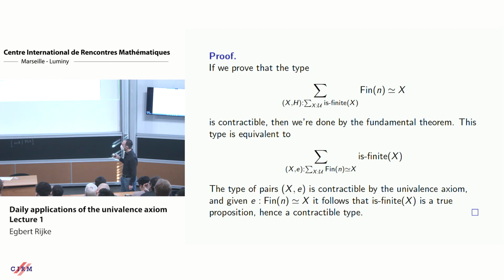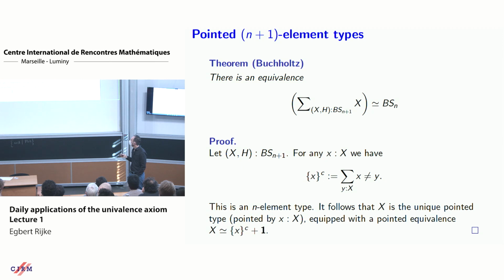So that's the first application of the univalence axiom. We proved that BSn is deserving its name. It really is a delooping of the n-permutation group. And then this theorem has some corollaries.